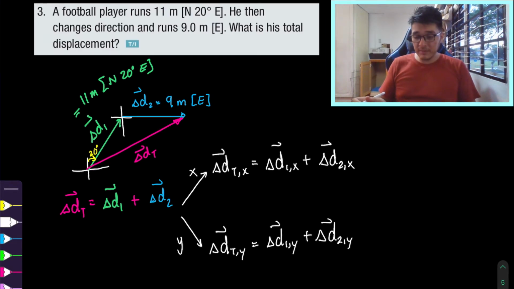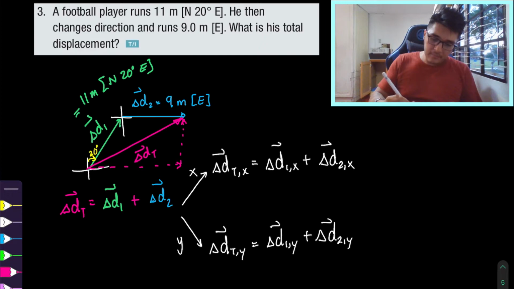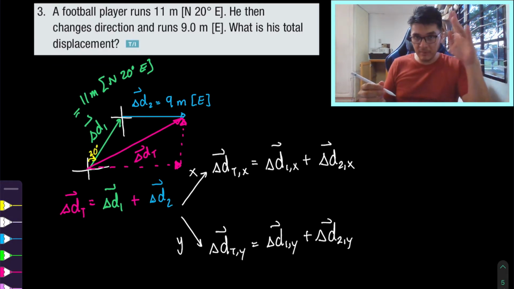So what this means is that our total displacement vector has an x component and it has a y component. But the total displacement along the x is just the sum of the displacement of the first one, x component, plus the second displacement. Likewise for the y component, is the sum of the y component of the first one, because the second displacement didn't have any y component.